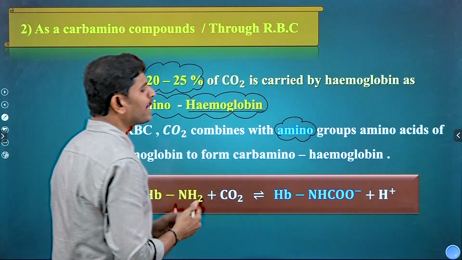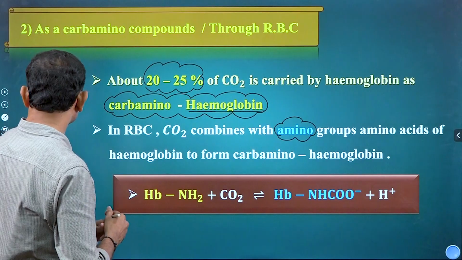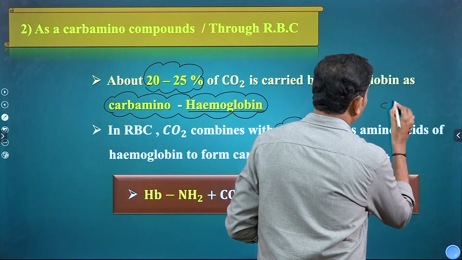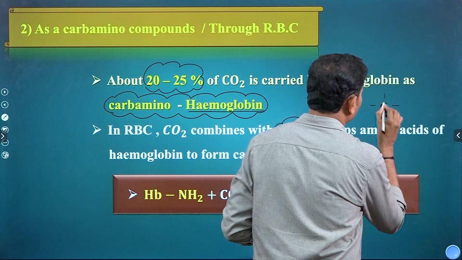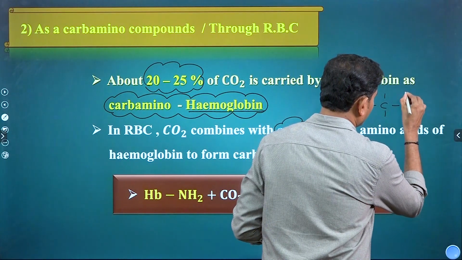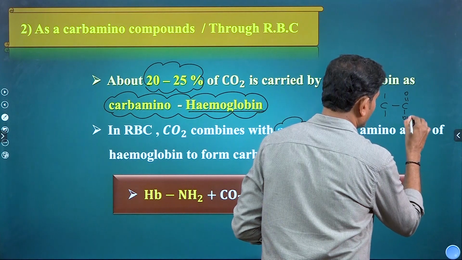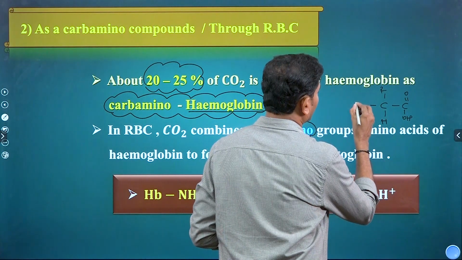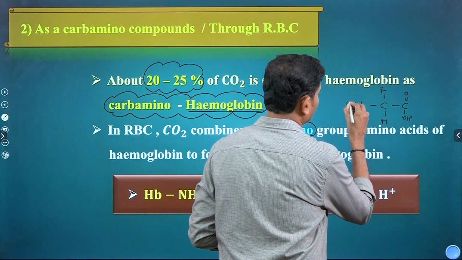Where is the amino group found? Simply, we can write here the formula of an amino acid: this is the acidic carboxylic group, hydrogen and functional group, and here the amino group.